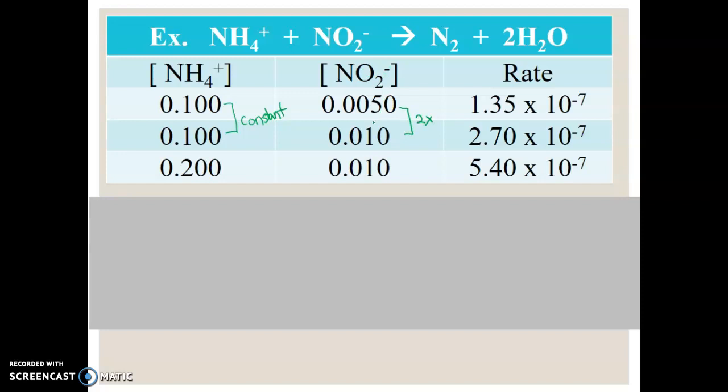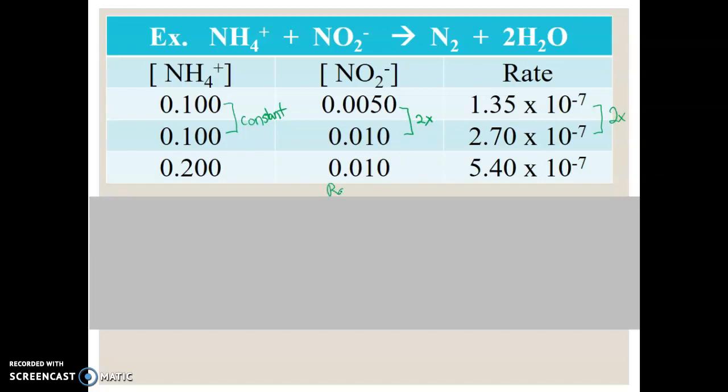NO2 minus is doubling. And when we look here at the rate, we need to figure out what's happening. Now we can see that it's 1.35 times 10 to the negative 7th and 2.70 times 10 to the negative 7th. So they're both to the same power. When we look here, 1.35 to 2.70, that is going to be 2 times as well.